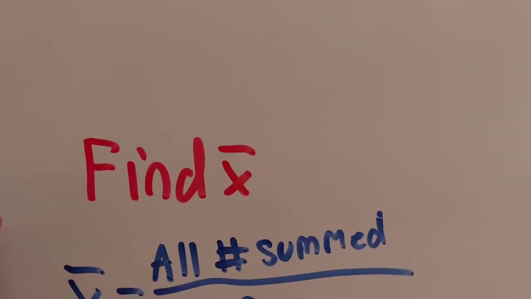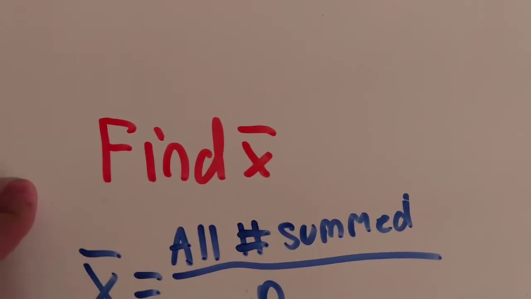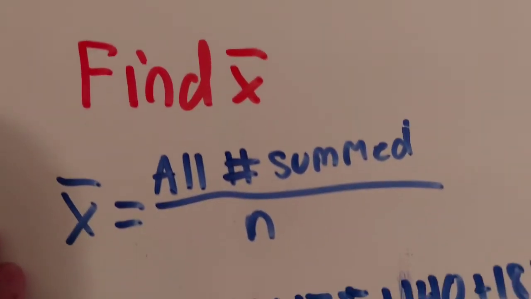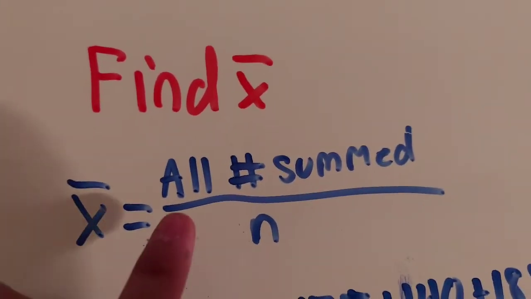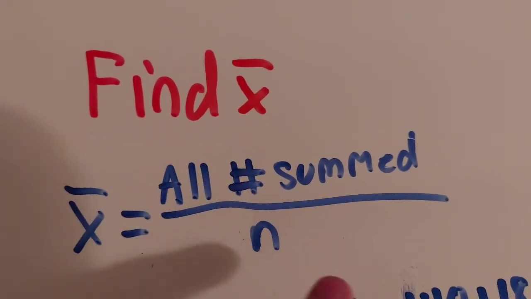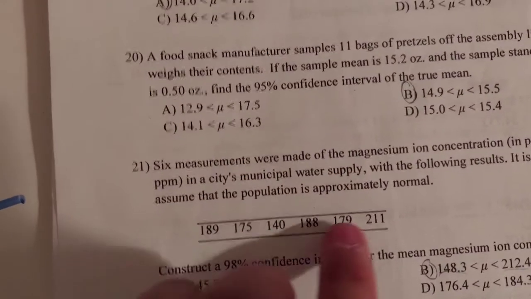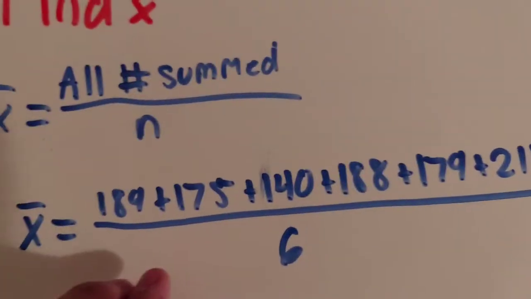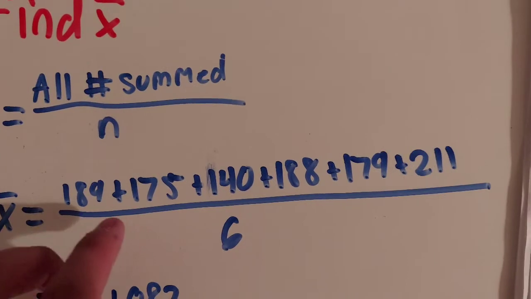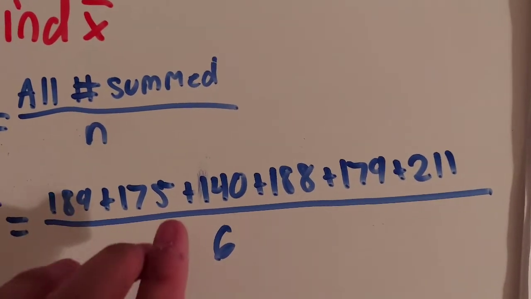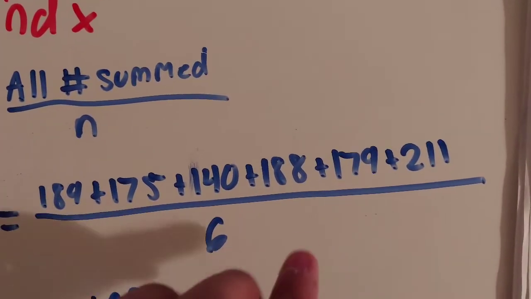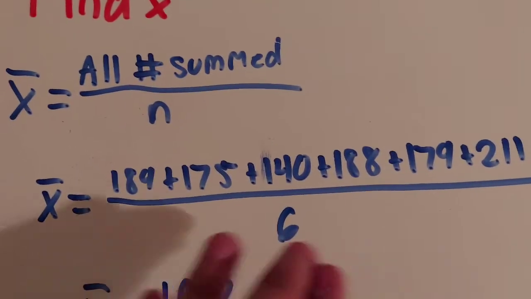Next up, we're going to find the sample mean, or x with the line over it. To find the sample mean, it's just all the numbers summed up, divided by the sample size. The numbers I'm referring to are the numbers given. So it's going to look something like this: 189 plus 175 plus 140 plus 188 plus 179 plus 211 divided by 6.